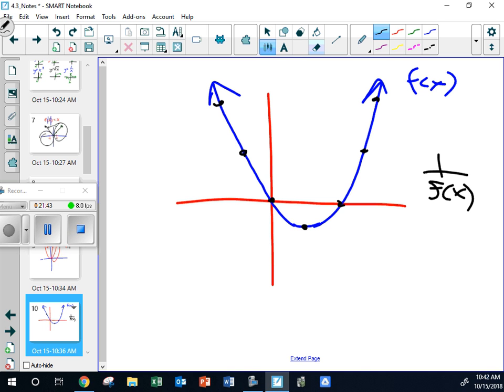Okay, so let's just name these points. Would you agree that one's 0, 0? This one, let's say that it's 2 comma negative 2. Let's say that this is 4 comma 0. Let's say this is 6 comma 3.